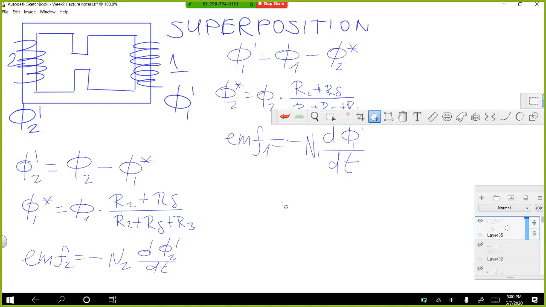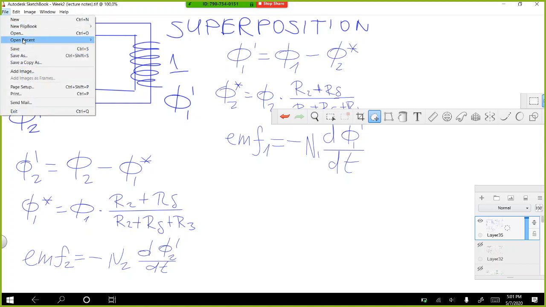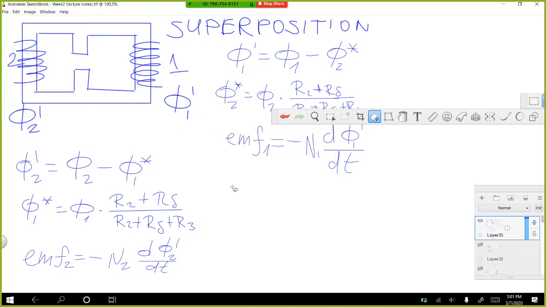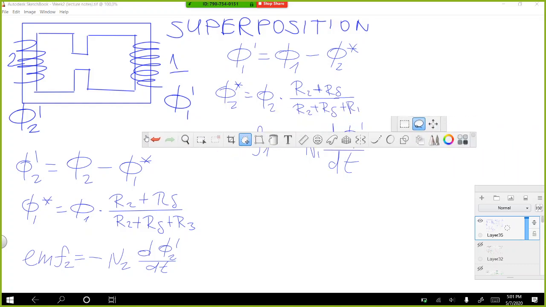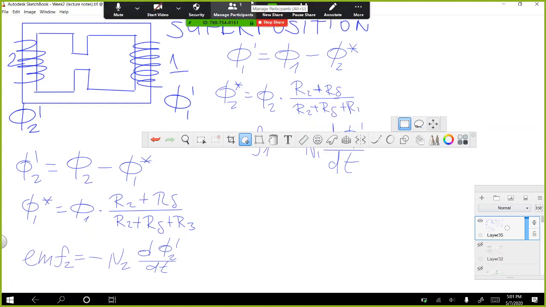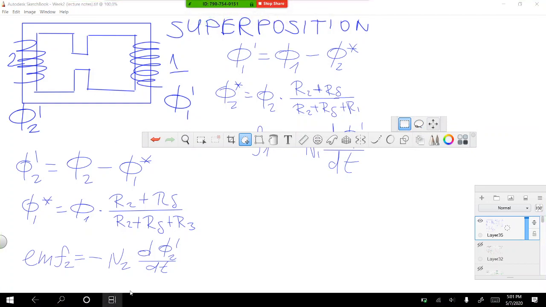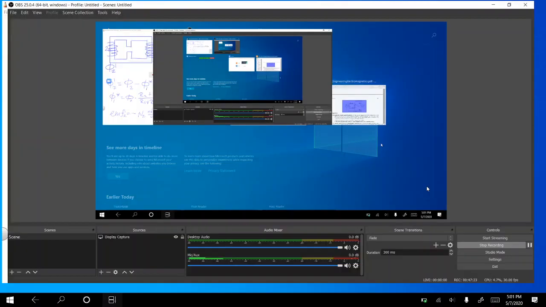Okay, you may do all the calculations by yourself and find the numeric values for electromotive force 1 and electromotive force 2.